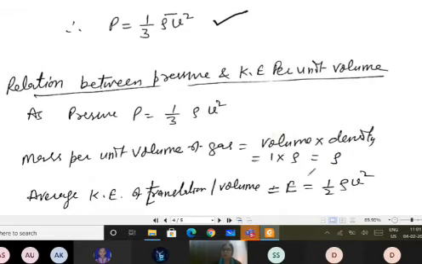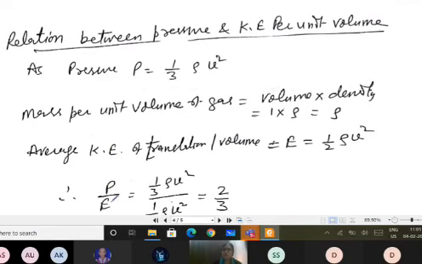So if I want to find average kinetic energy per unit volume, kinetic energy means half mv square, and in place of mass I have to take mass per unit volume, so this m will be replaced by mass per unit volume, and I will be getting half rho v square.